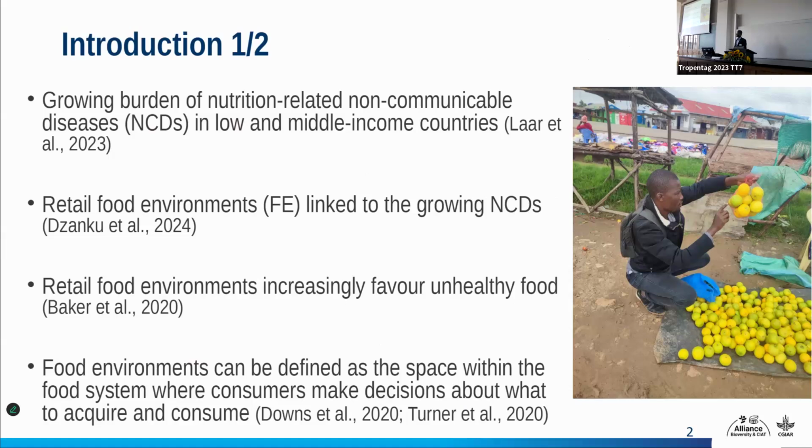This has been associated with the changing food environment, which is highly influencing the availability of unhealthy food groups. Now, you did well to define the food environment, but I would say also that it is the space within the food system. So we need to understand the food system where consumers are able to make choices or decisions on what they consume.